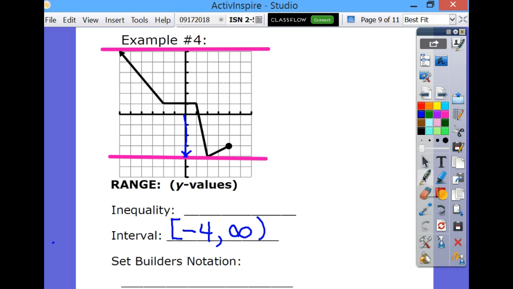Okay, so if I have one endpoint, the variable comes first, and then I have the endpoint, and it's getting bigger and bigger and bigger as it goes off the top of the graph. It is greater than or equal to because it is getting bigger and bigger and bigger. But I have a question as soon as I get this written down.